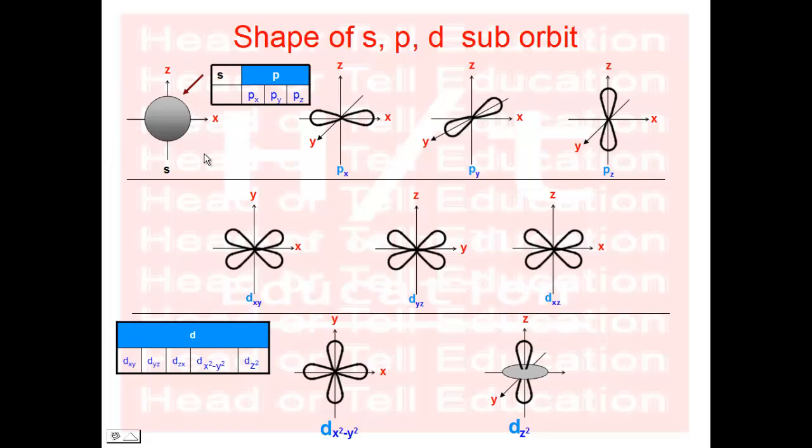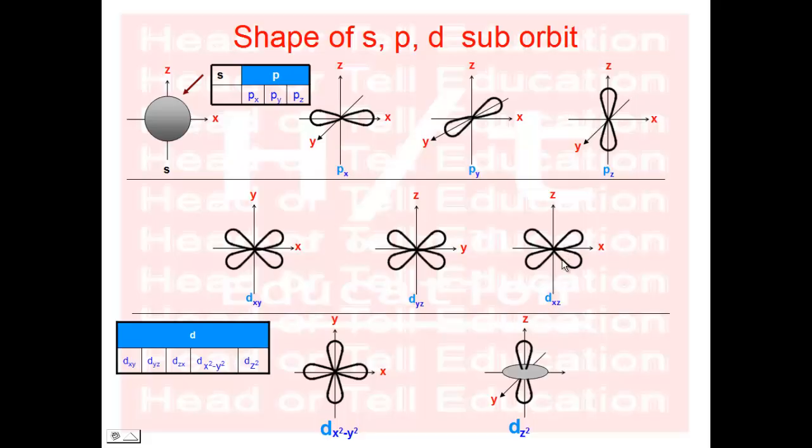This is the S subshell. Now this is the P subshell. P also has three orientations, Px, Py and Pz. And this is the D subshell shape: dxy, then dyz, then dxz. All of these have double dumbbells.